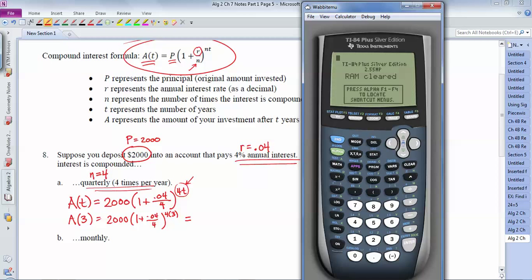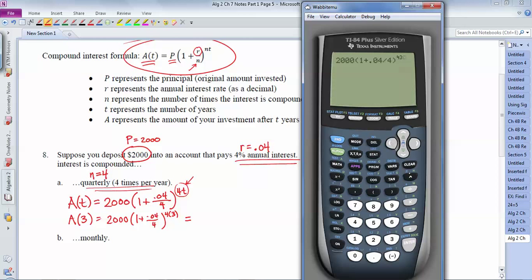Turn it on. Let's see, 2,000 times 1 plus 0.04 divided by 4. Whoops, division's not working. Divided by 4, to the 4 times 3.